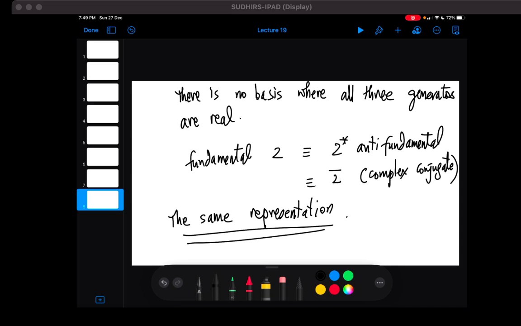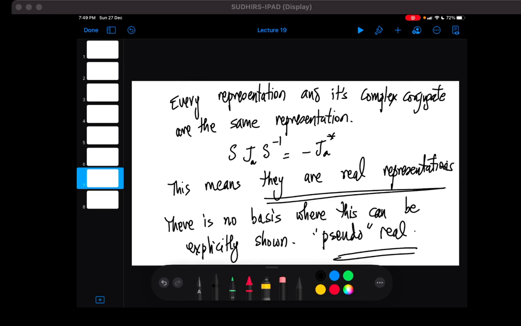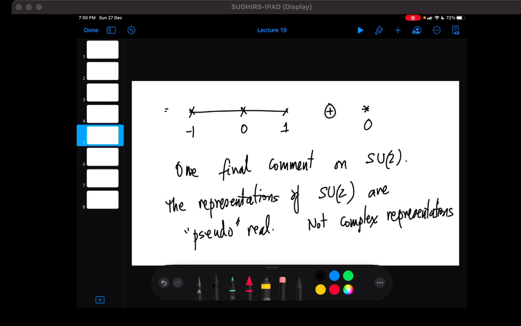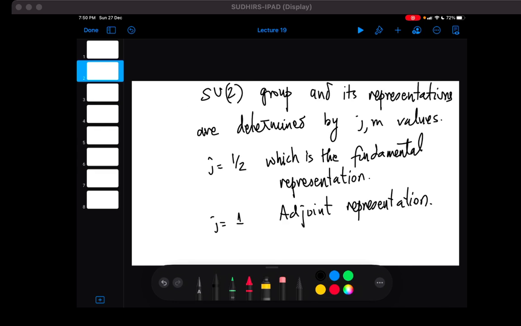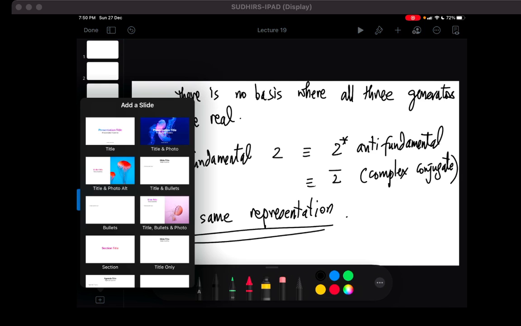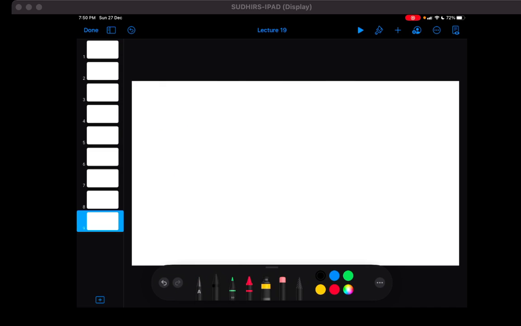Now, the other group which we would be very interested in is the SU3 group. We'll start with that now. If you have any further questions on SU2, just put them when we do the contact hour next week, so we can have a discussion there.